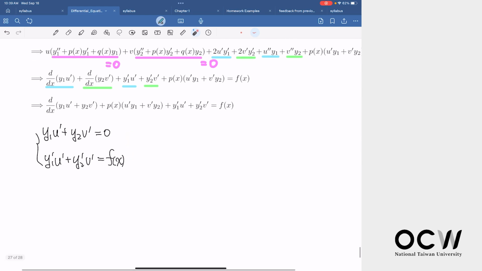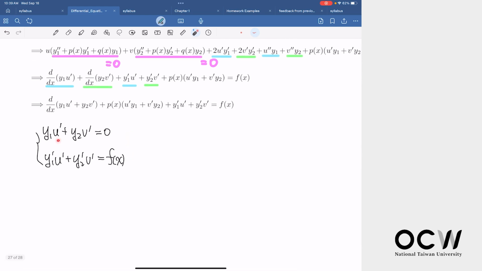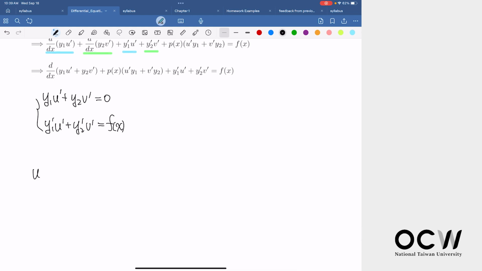For these two equations, to get the solution of u prime and v prime, we can use this determinant to find the solution.